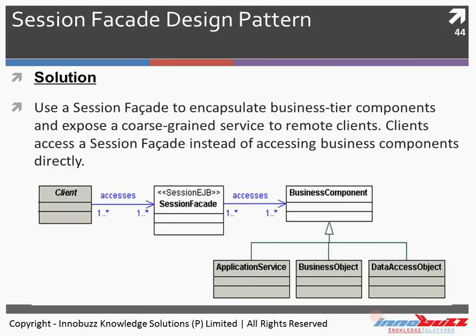So you expose this coarse-grained service to the remote client and not the actual implementation. So therefore, by using this session facade, you can directly avoid the client interacting with your business components. And also you can avoid the tight coupling between the client and business component. So session facade will play an important role in this design pattern.